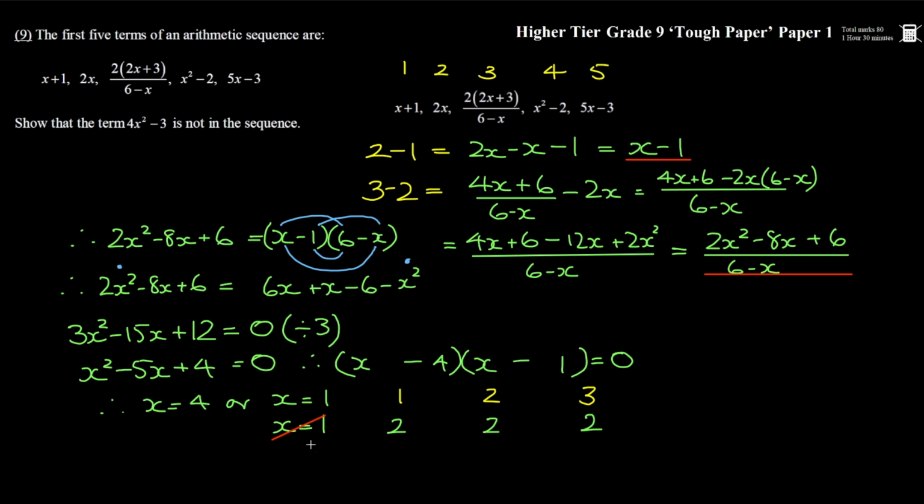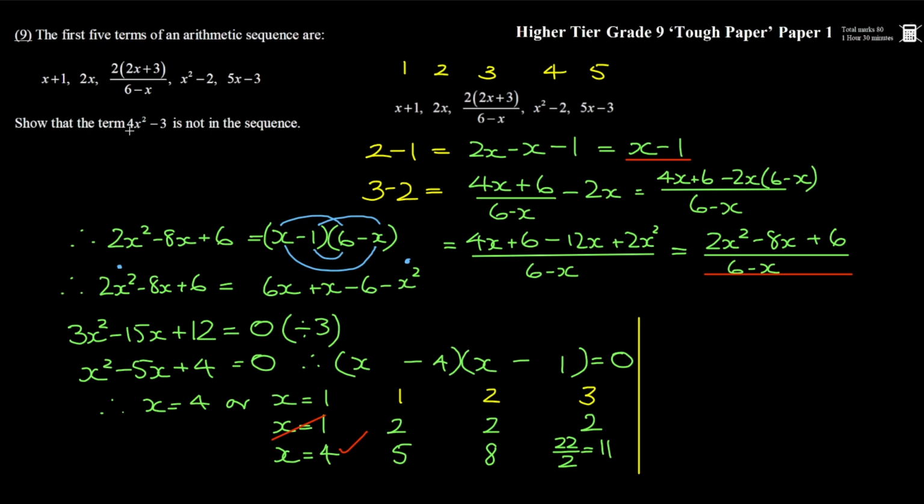So now let's try x is equal to 4. I get 5. I get 8, so I'm hoping this is going to be 11. 2 times 4 is 8 plus 3, so that's 22, divided by 2, which is indeed 11. So x is 4 is correct.